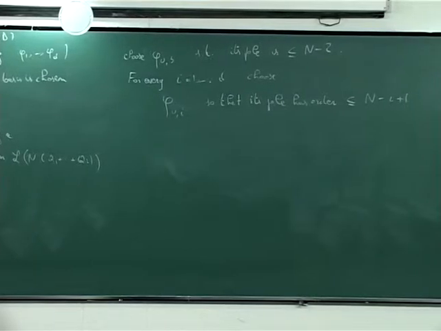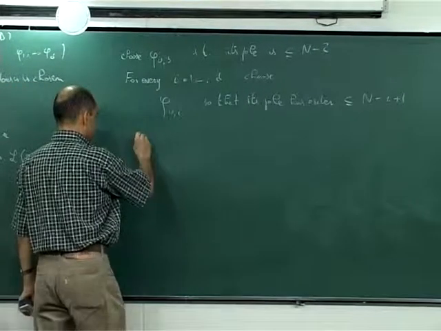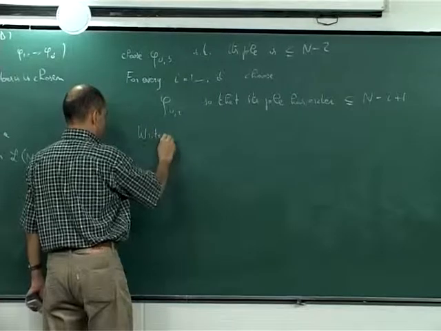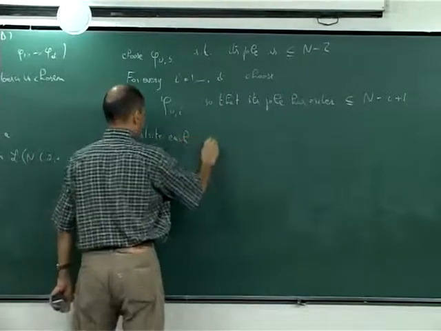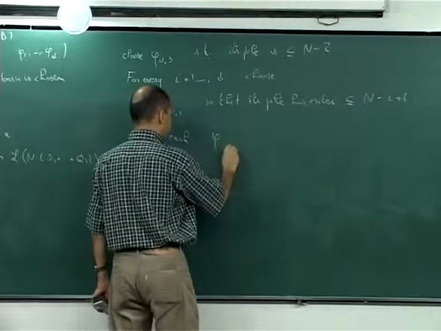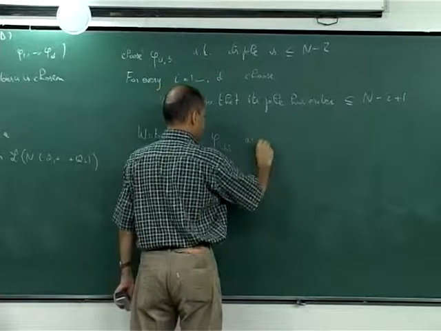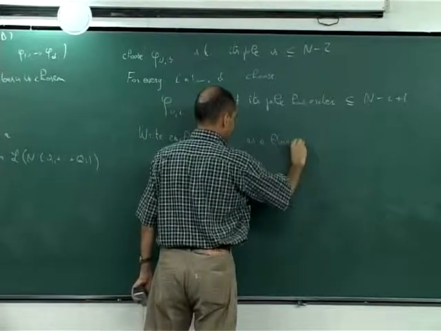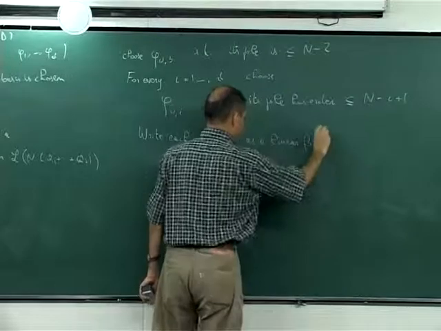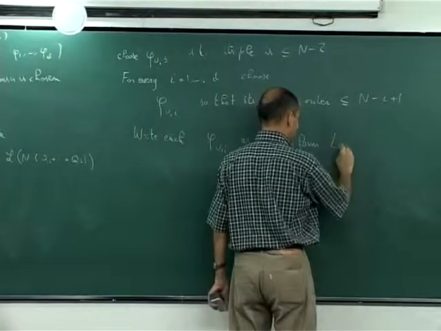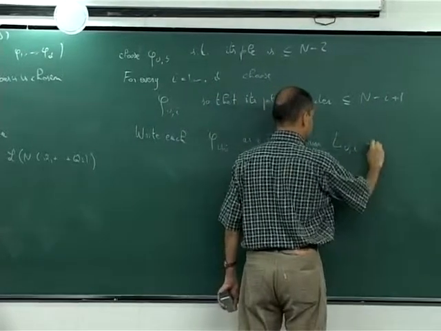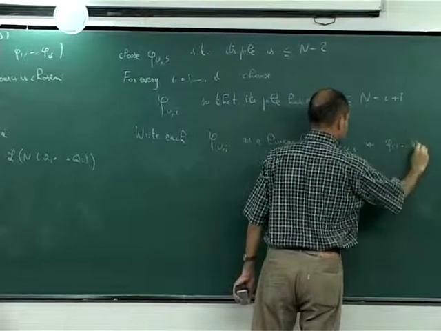And then we can write each phi nu I as a linear form L nu I in phi 1 to phi d.